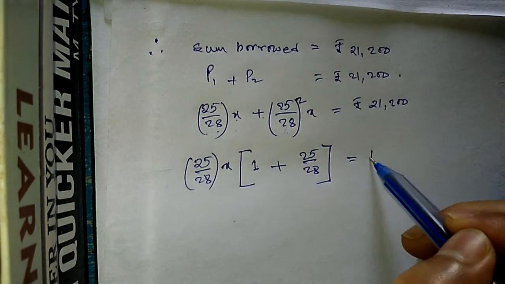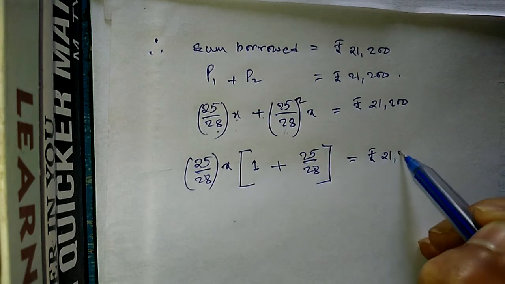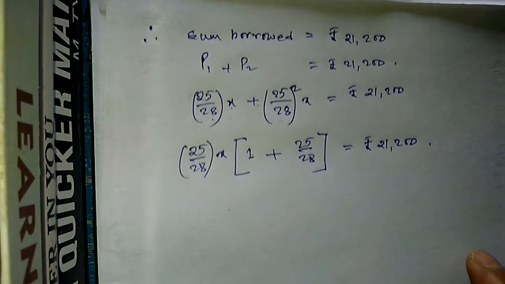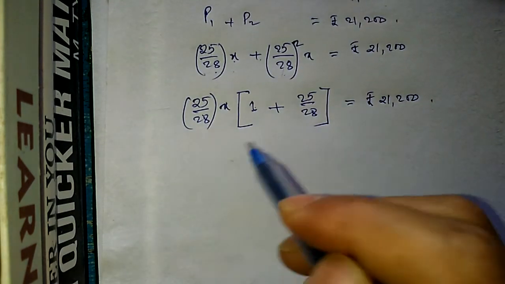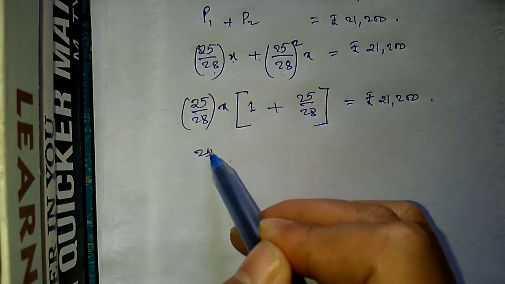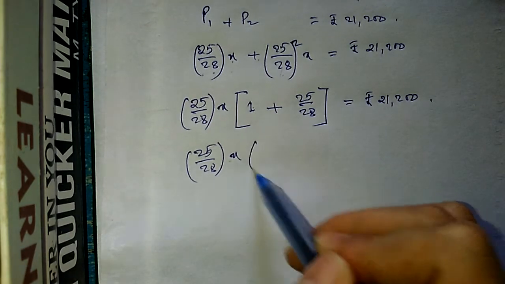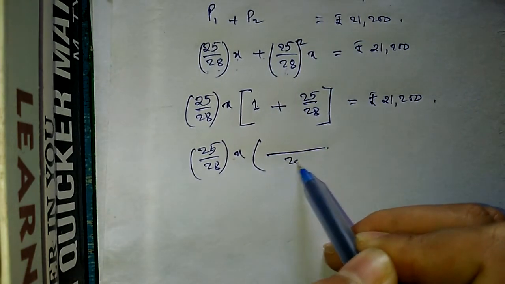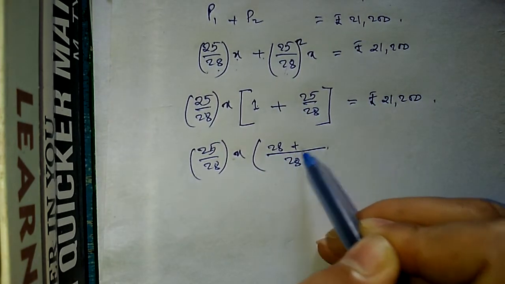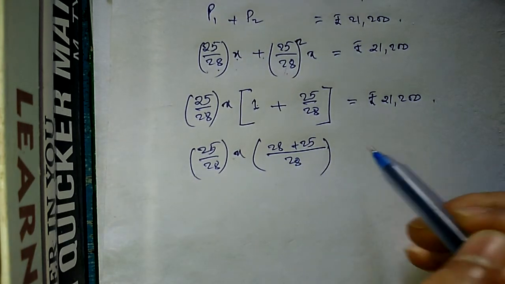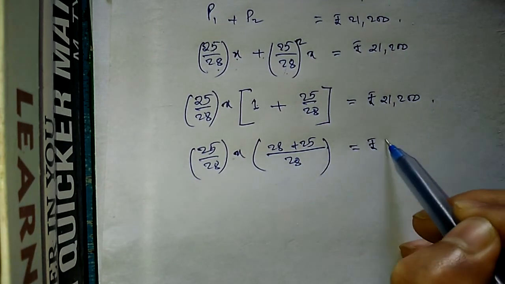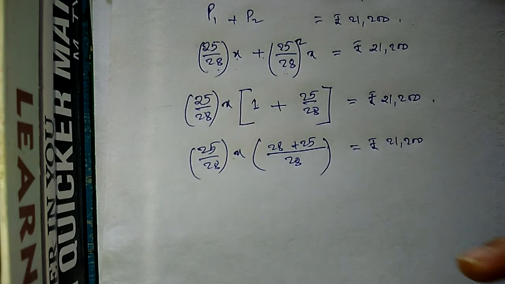Then 25 by 28 x, take LCM from this. LCM will be 28 plus 25, we have to add this, equal to rupees 21,200.